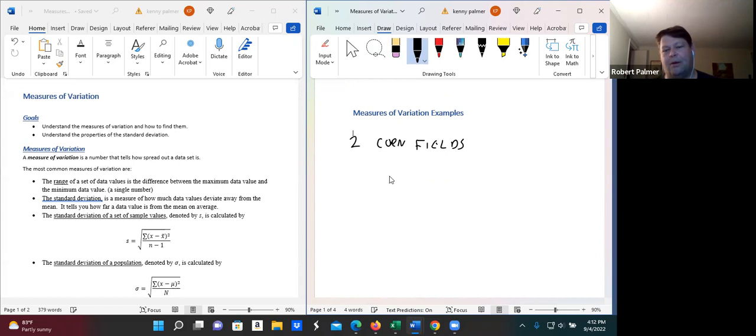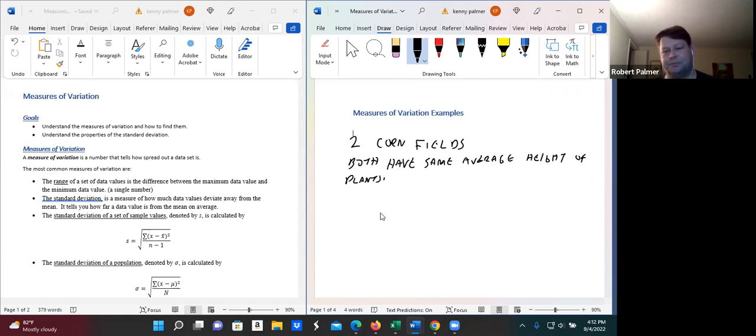Now, let's say both have the same average height of the corn plants.